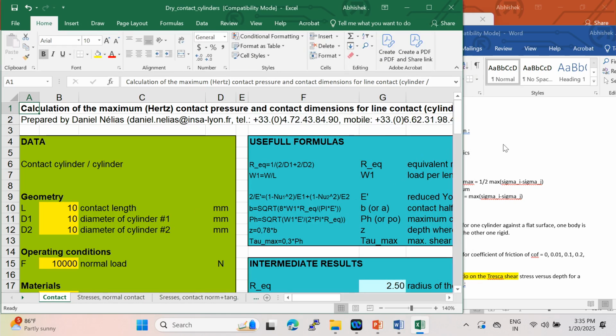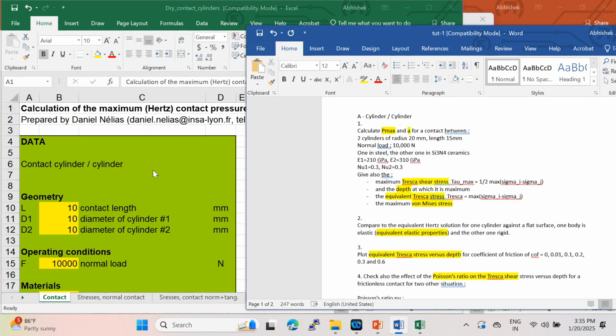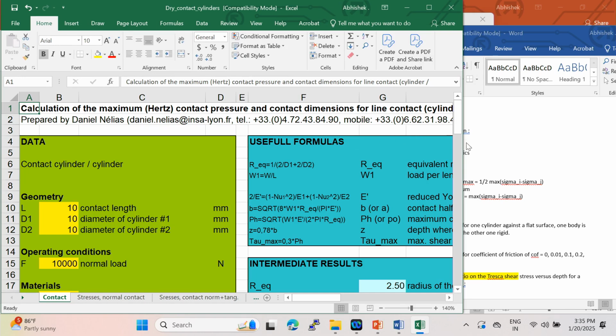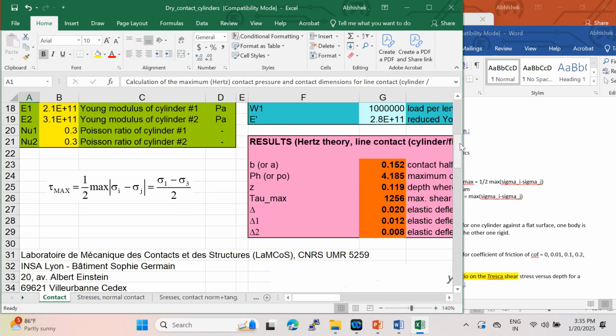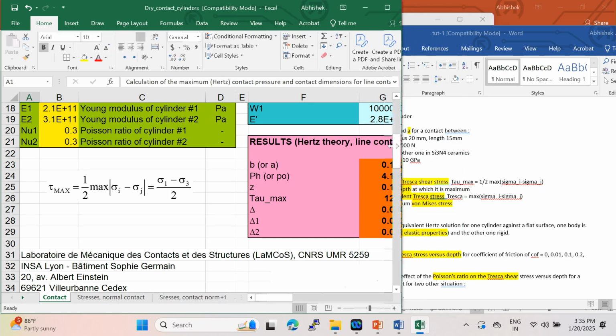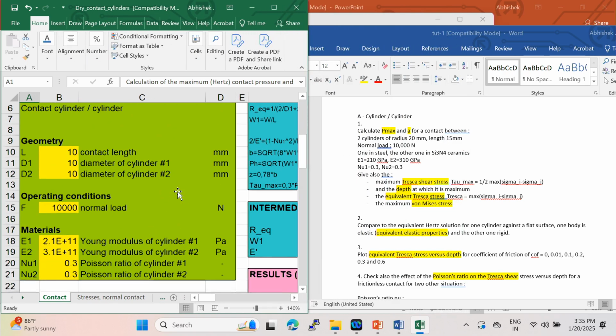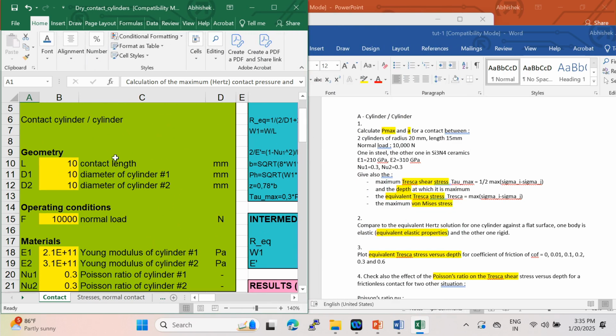Okay, now if I do that, the length is 15 millimeter.